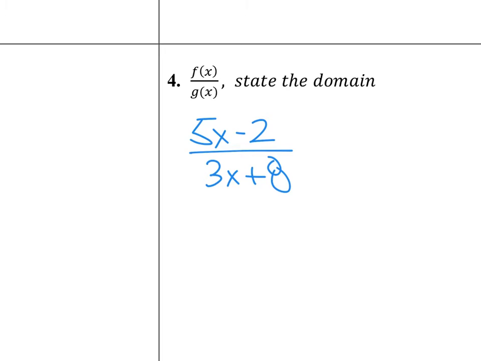And I'm in a generous mood today. I'm going to give you this one. So the domain should be all real numbers except negative 8 over 3. Okay? All real numbers except negative 8/3. That is the answer for the domain and your bonus point.